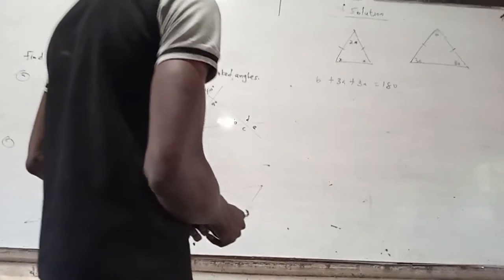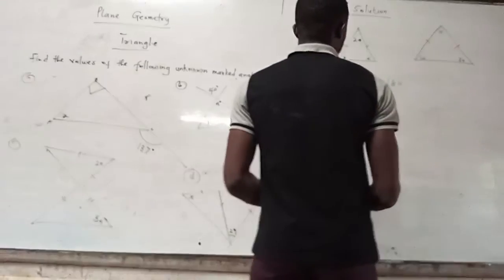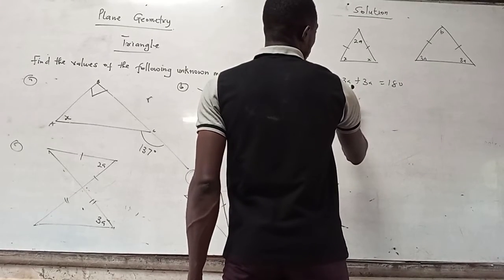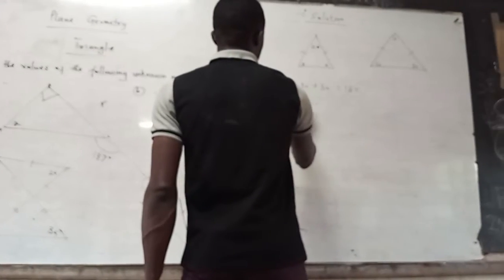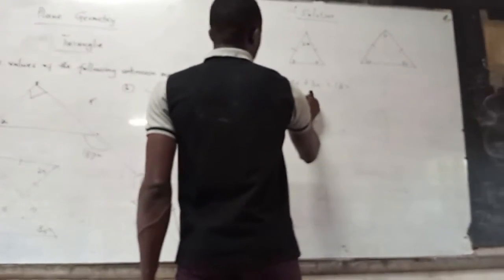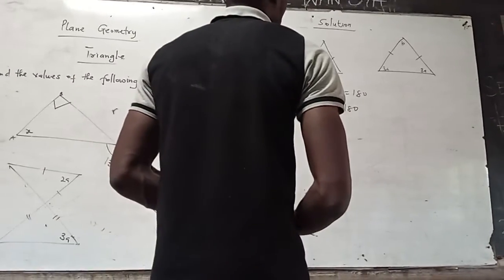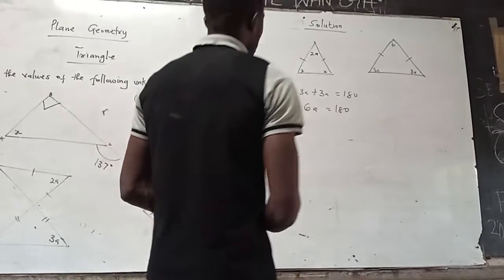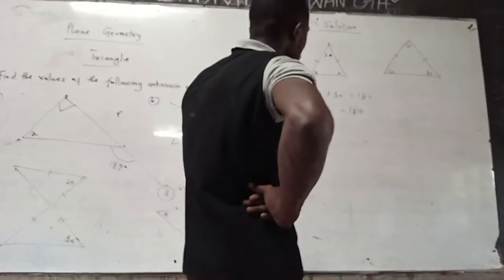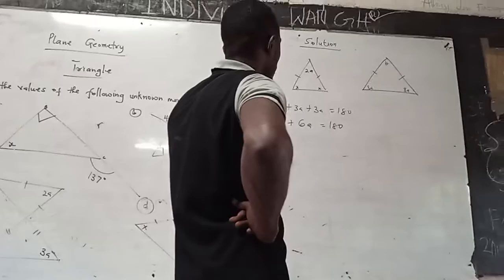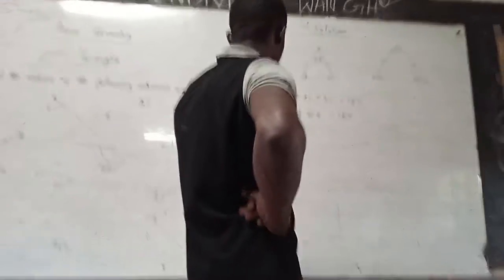For this side, it is going to be 3B plus 6A equals 180. Even if you have to find this, you have to ignore the B and find the A.